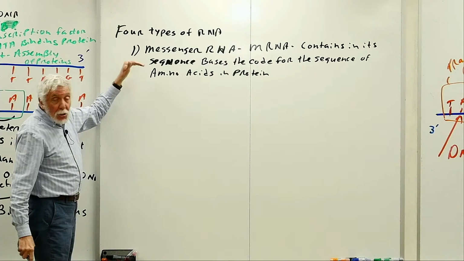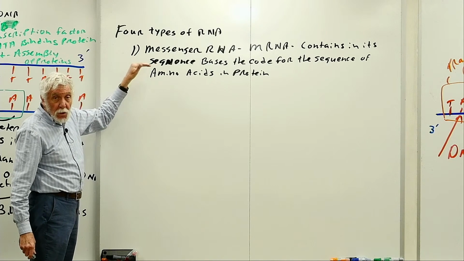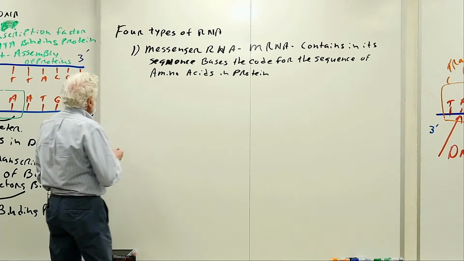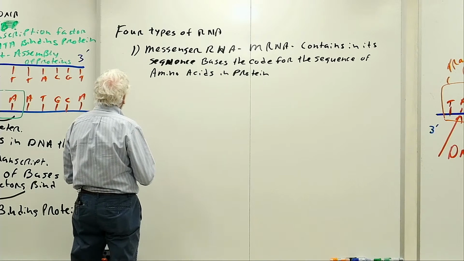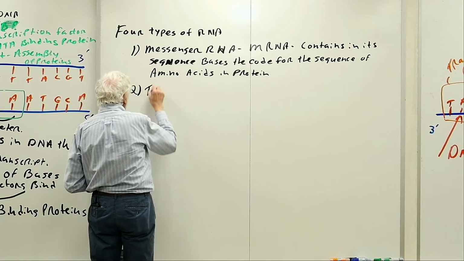It gets its name messenger RNA because it's carrying the message of what the amino acid sequence is going to be. The second type of RNA that we'll talk about is called transfer RNA.